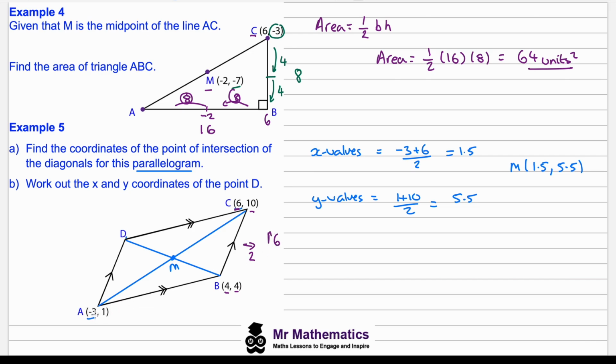So if we go from -3 across by 2, this will give us -1. And if we go from 1 up by 6, this will give us 7. And this will be the coordinates of D.